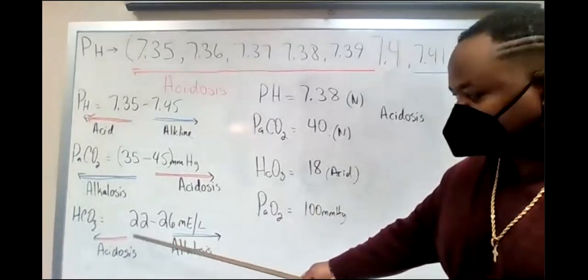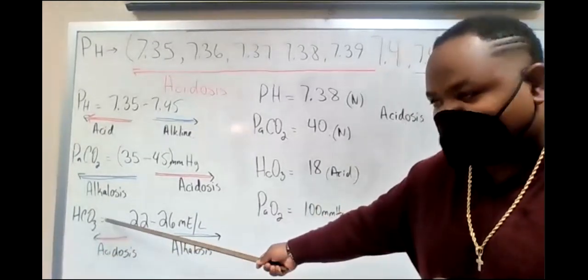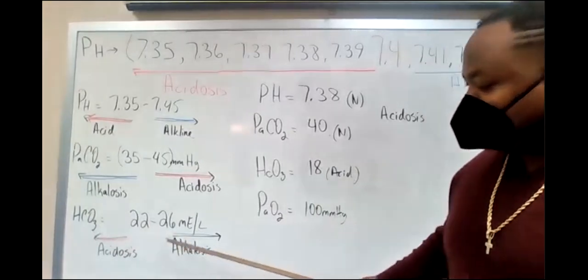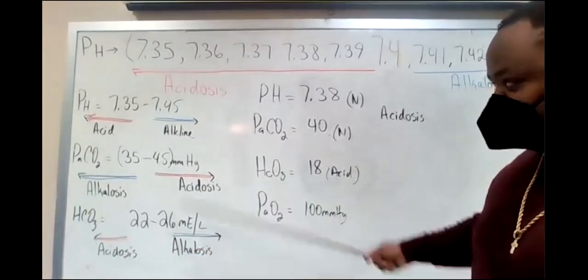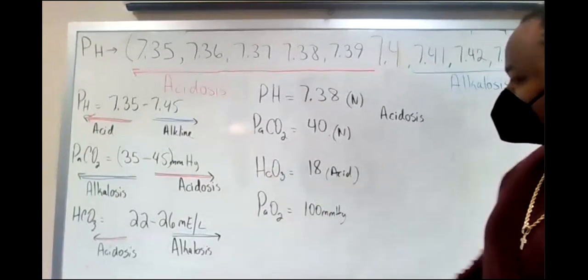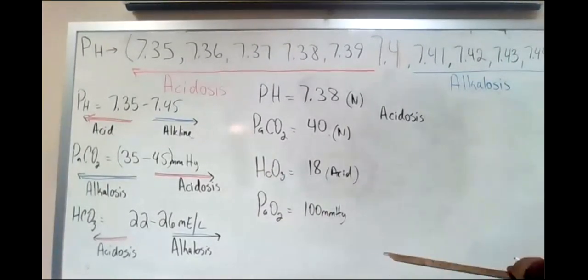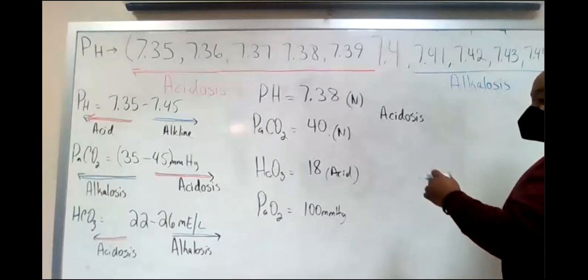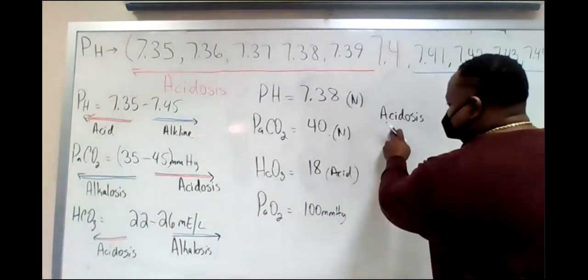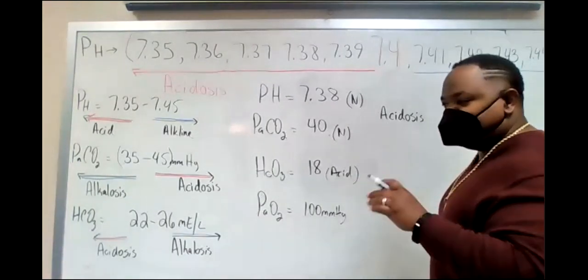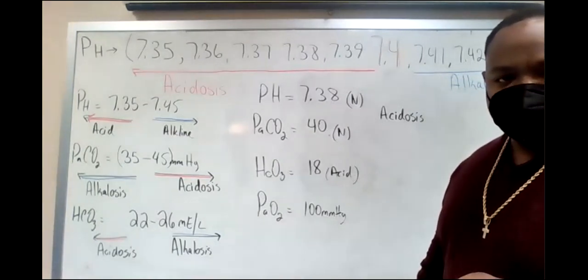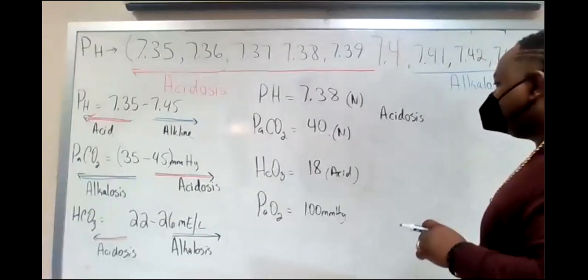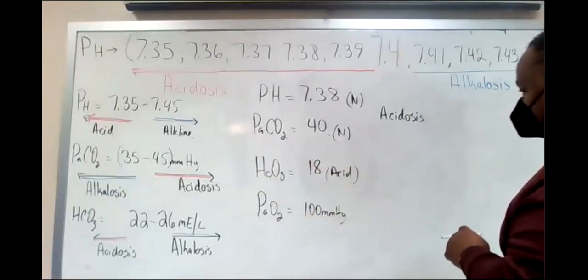Anything less than 22 for bicarb is acid. Anything greater than 26 for bicarb will be alkaline. These are the normal ranges right here. So we are in the acidosis. Now let's find out who's causing the problem. Kelsey, who's causing the problem?